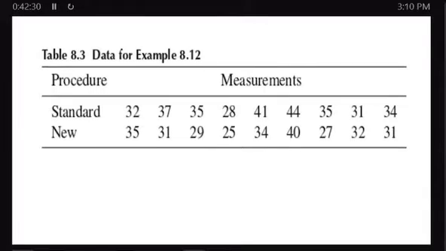Okay, now we actually want to construct a confidence interval. We want to see where the true difference lies in the interval with the associated degree of confidence. Let me tell you, if I want to know whether there's a significant difference between two means, I can construct a confidence interval.